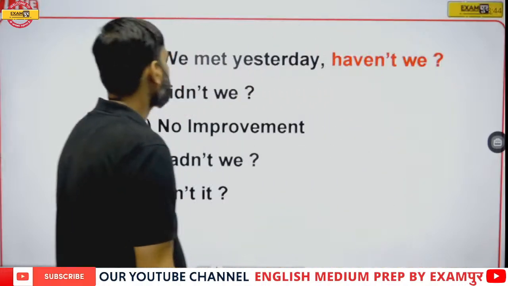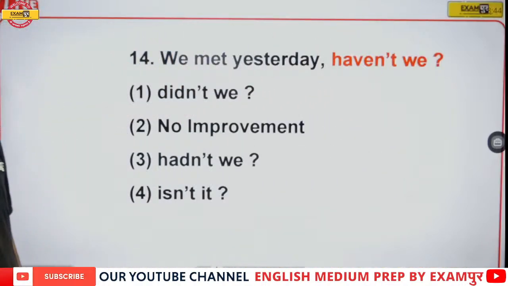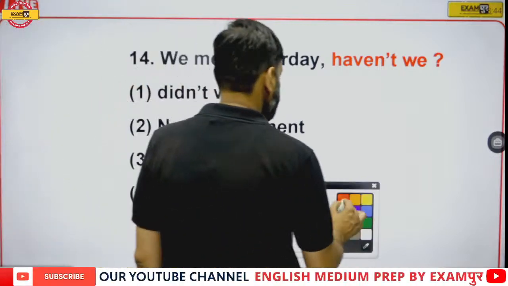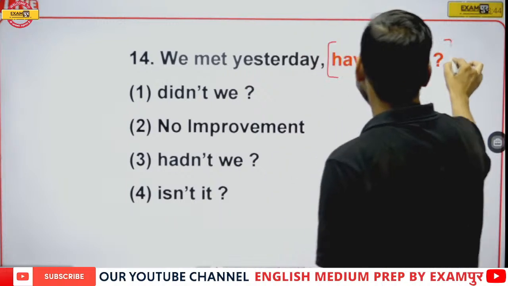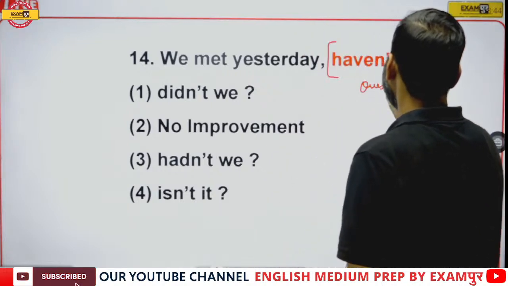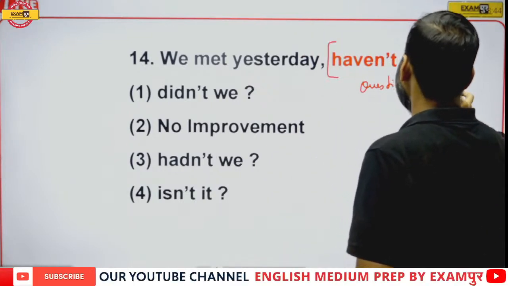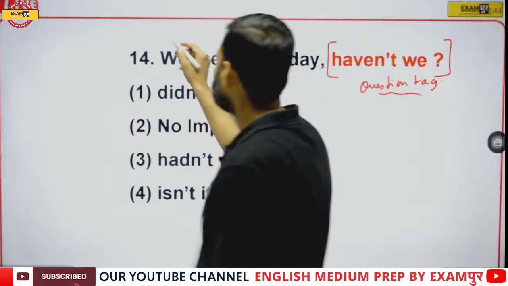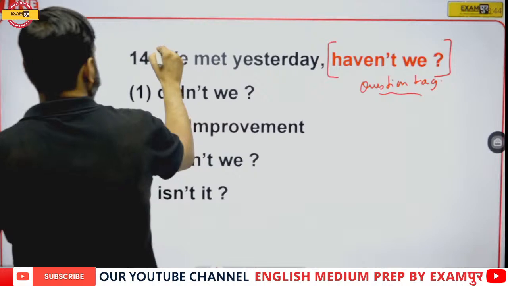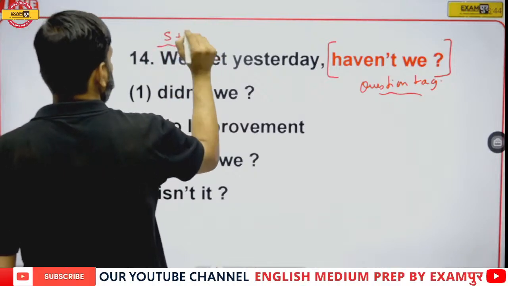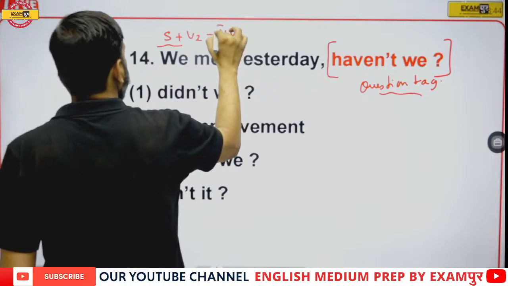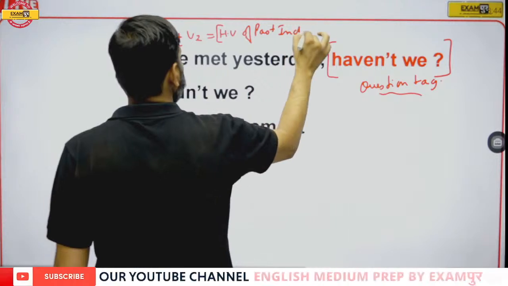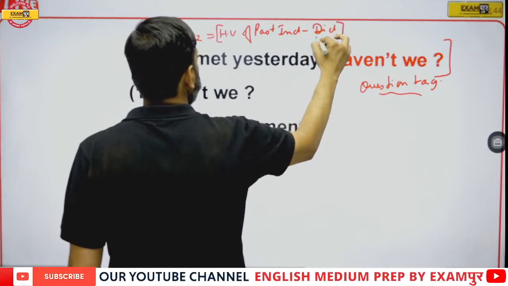Now the next one, we met yesterday, haven't we? In this question, this is a question tag, and a question tag is always according to the tense of the sentence. This sentence is past indefinite. Here we have we as a subject and met, the second form of verb, and the helping verb of past indefinite is did.